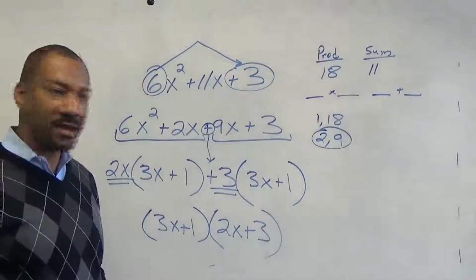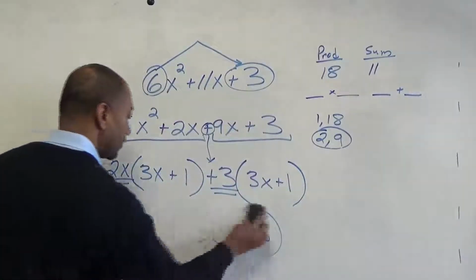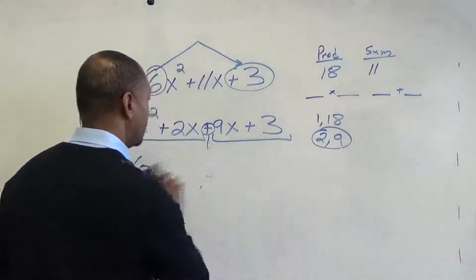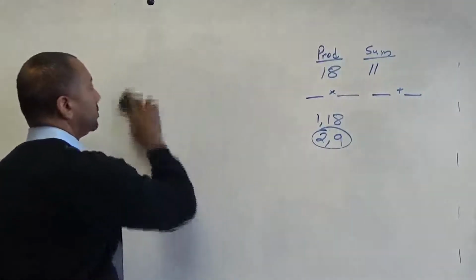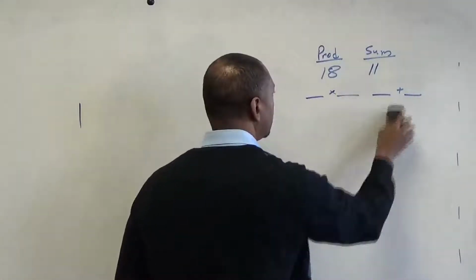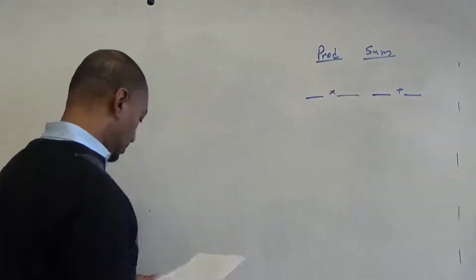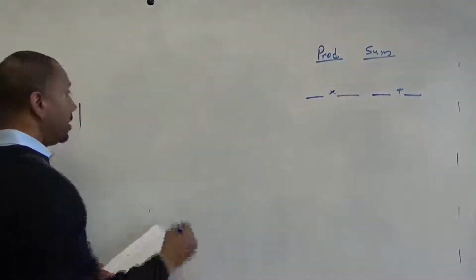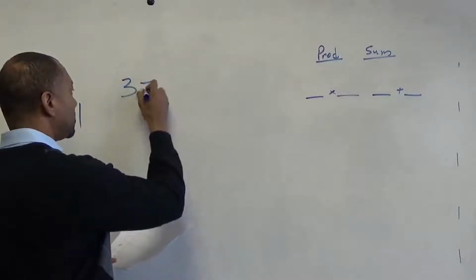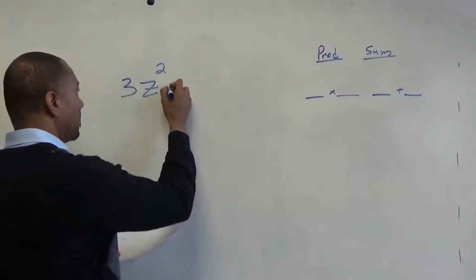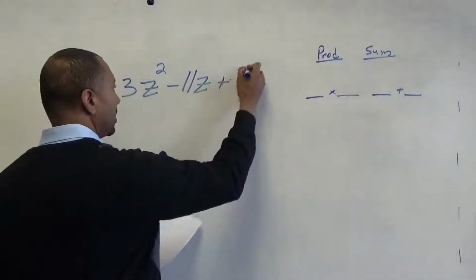So, let's try another one. Let's go with 3z squared minus 11z plus 6.